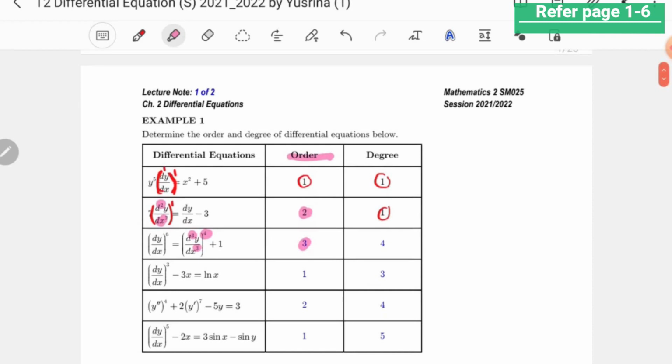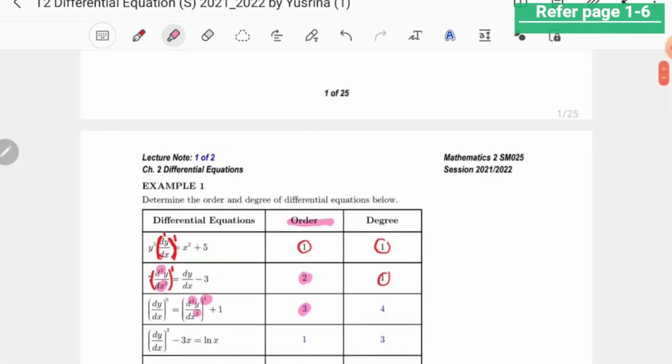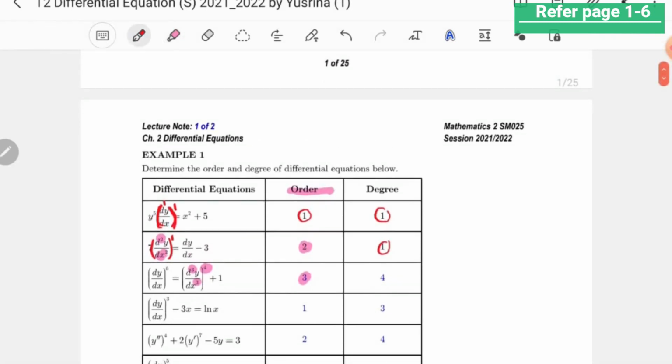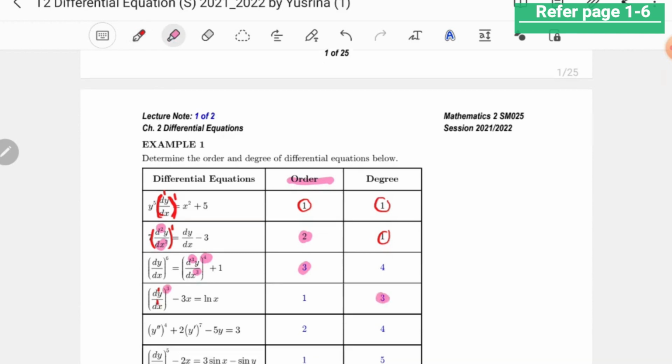Next, the highest derivative is 1 and the degree equals 3.